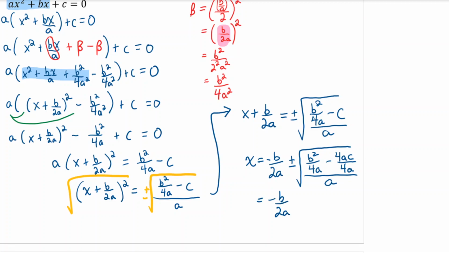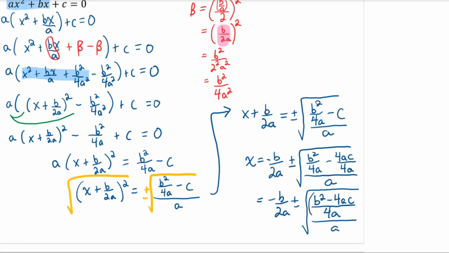Because of that, we can now rewrite this as b squared minus 4ac over 4a. Let me be a little more careful with this. This needs to be a little bit larger. Over 4a over a.